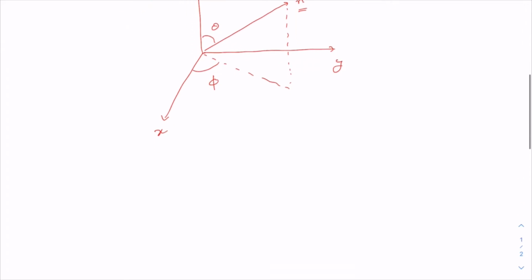Now you can take the cue from the fact that sigma x is the Pauli vector along the x direction, x cap, sigma y is the Pauli vector along the y direction, and sigma z is the Pauli vector along the z direction.